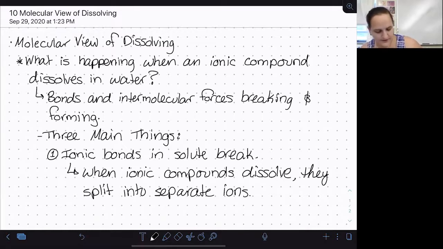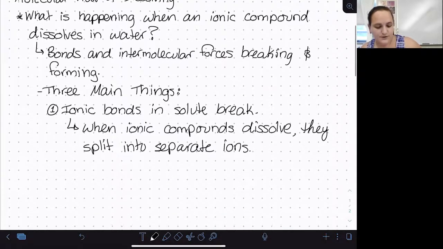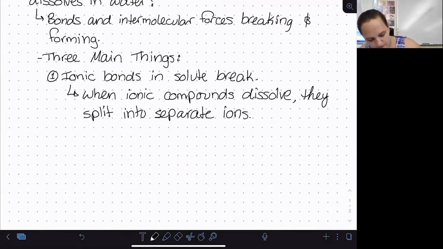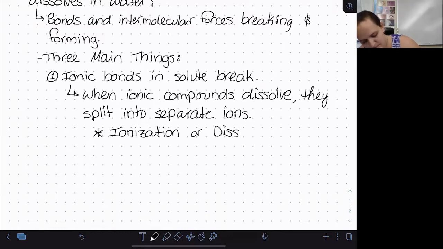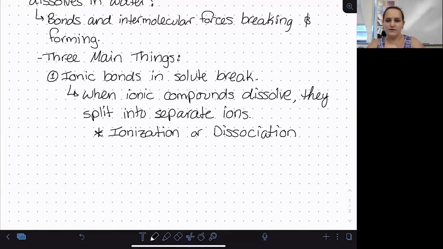So this process of splitting apart is often referred to as either ionization or dissociation. In this context, those are the same thing. That we are splitting apart into two separate ions, so it is ionizing or dissociating.